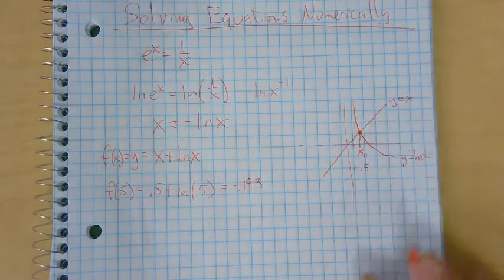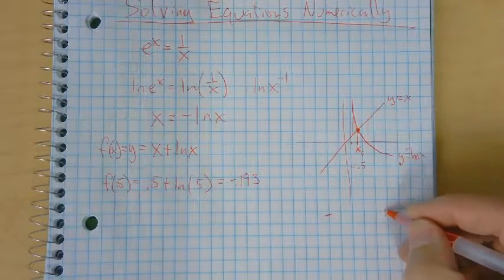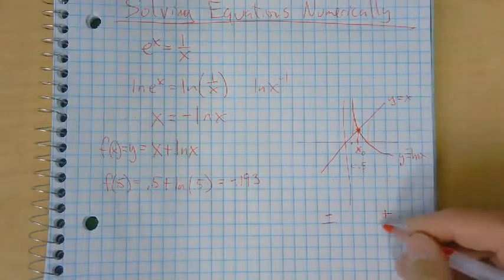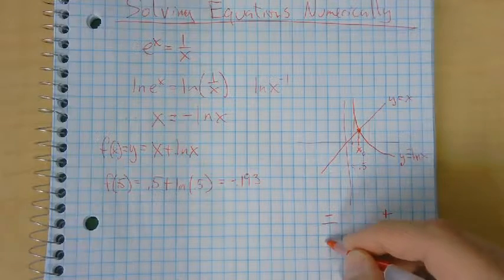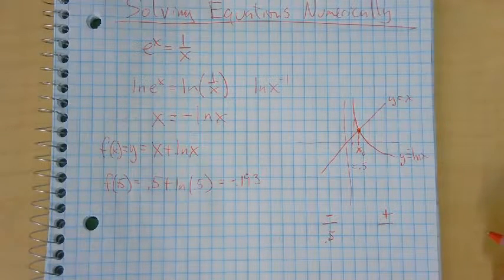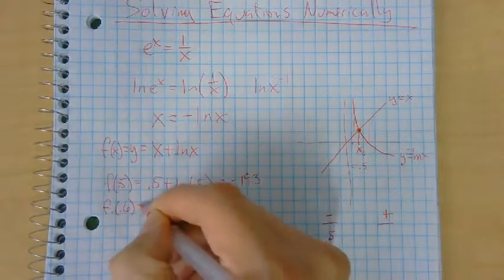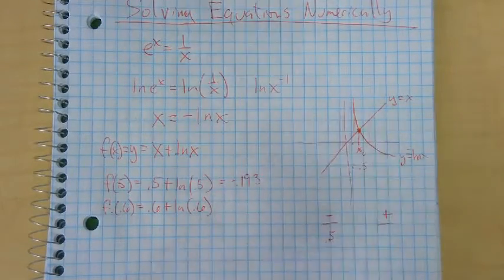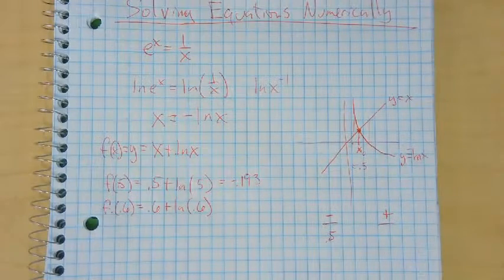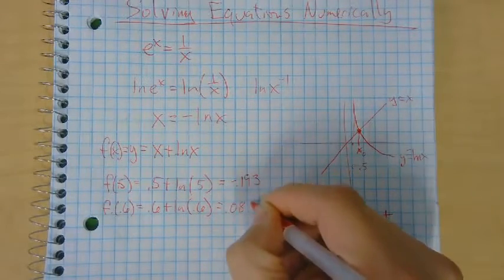Okay, now here's what I'm going to start doing over here. Over here, I'm going to write down some things. So I've got ones that are on the negative side and ones that are on the plus side. All right, and this is going to help me narrow down where I am. So when I plugged in 0.5, that was on the negative side. Let's try 0.6. Okay, if I plug those things in there and do 0.6 plus ln of 0.6, I get 0.089.